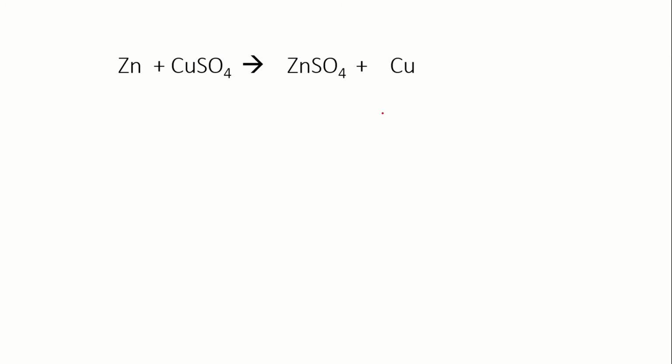Right. Another example. Sulfate. You should be able to identify sulfate as a polyatomic ion. Sort out things. You have 1 zinc, 1 zinc. Copper, you have only 1 copper, 1 copper.